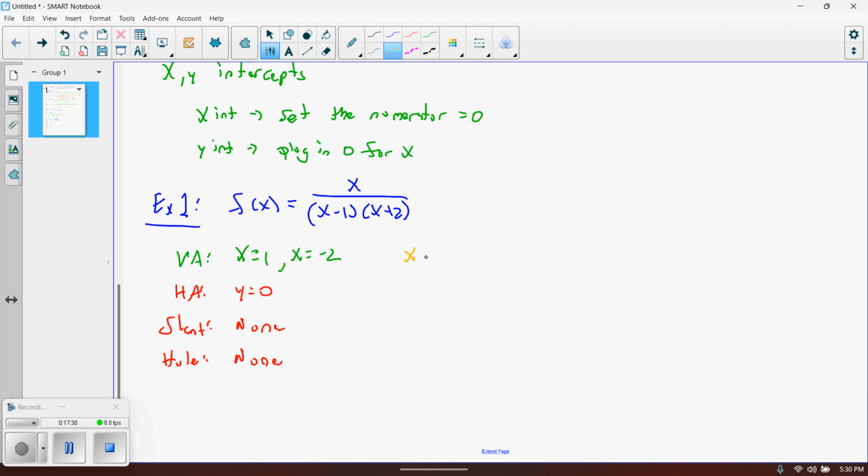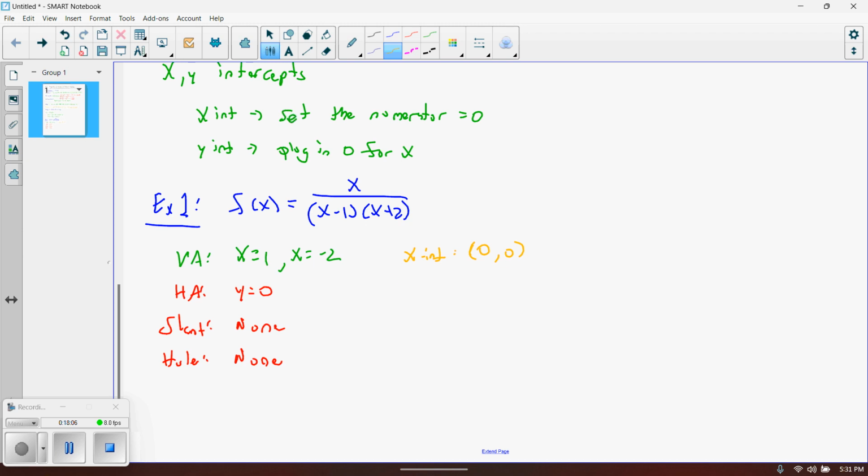So the x-intercept is whatever makes the numerator 0. Well, in this case, the numerator is just x. So if you set x equal to 0, then simply x equals 0 is your x-intercept. And as it turns out, if x is 0, then y is also 0. So that would be the x-intercept, the point (0, 0).